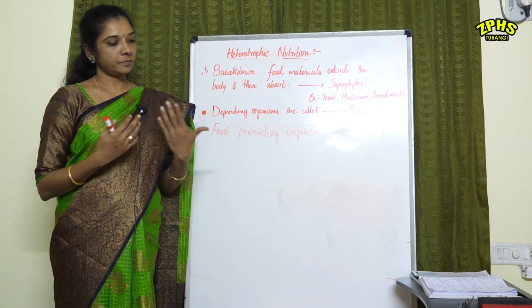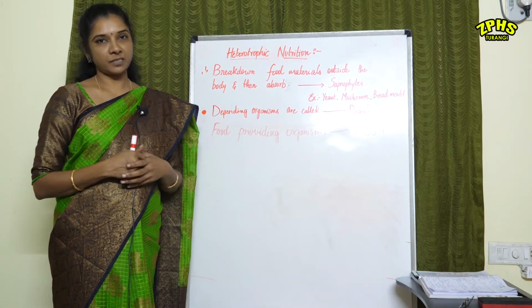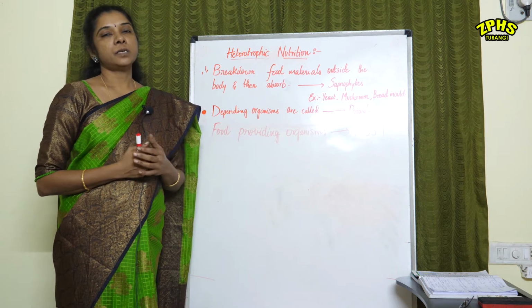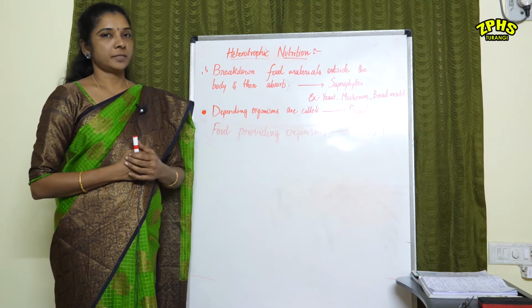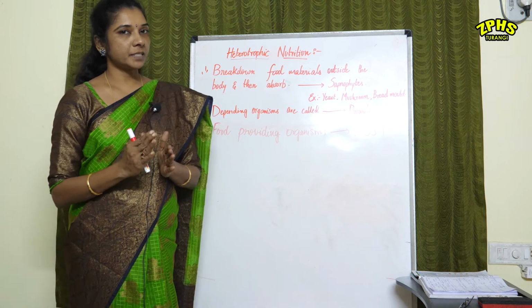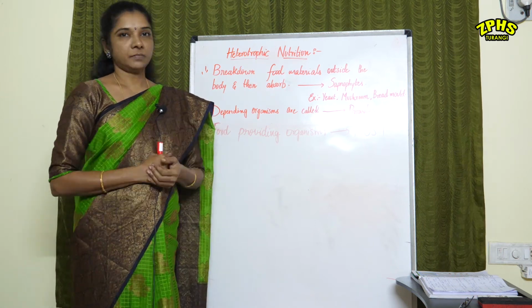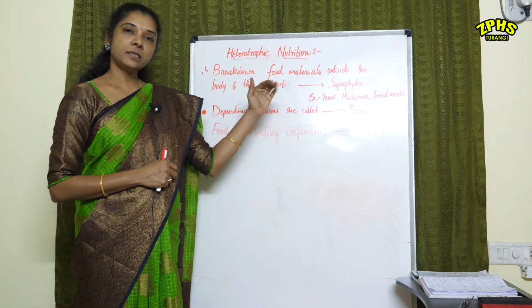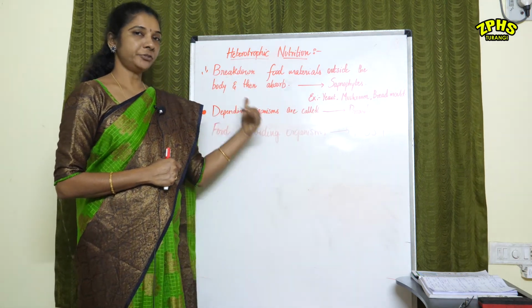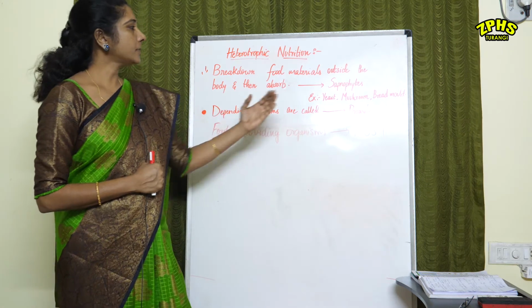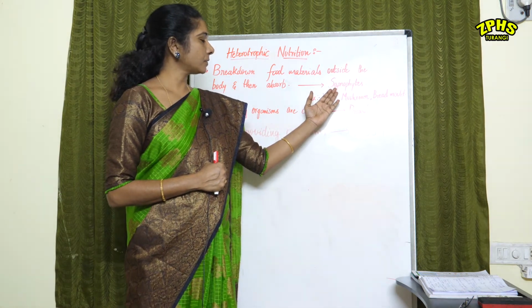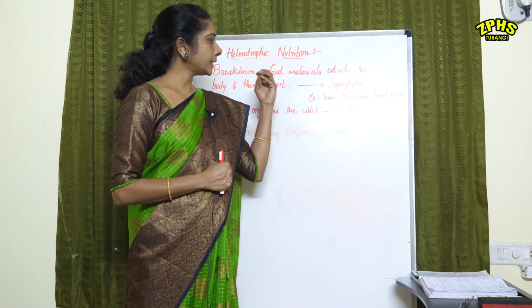I mean, the food which is waste to us is useful to those organisms. So they decompose the waste material or debris and they get the nutrients from it. They break down the material outside and get the nutrients. So these are called saprophytes. Sapro means debris. Using that they are getting the energy.